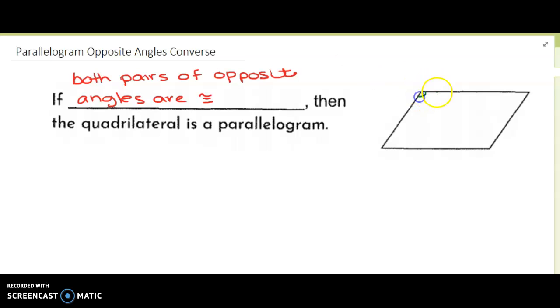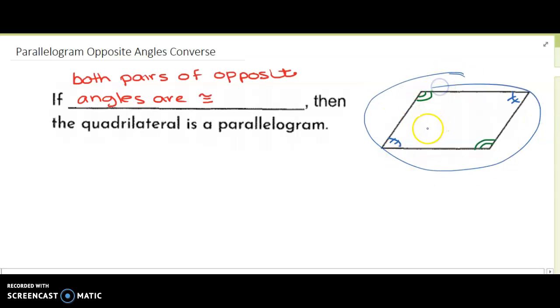So let's say that this angle here and this angle here are congruent, and this pair of angles are congruent, but we have no clue if opposite sides are parallel. It doesn't matter, because by this theorem, just knowing that both pairs of opposite angles are congruent, we can conclude that this is in fact a parallelogram.